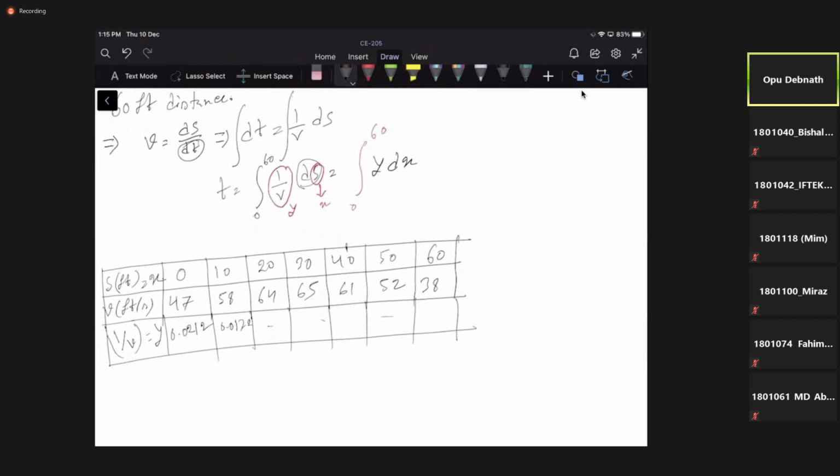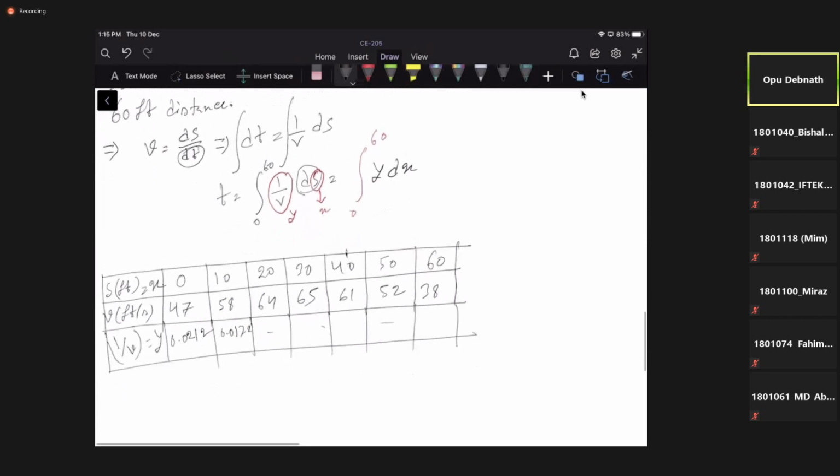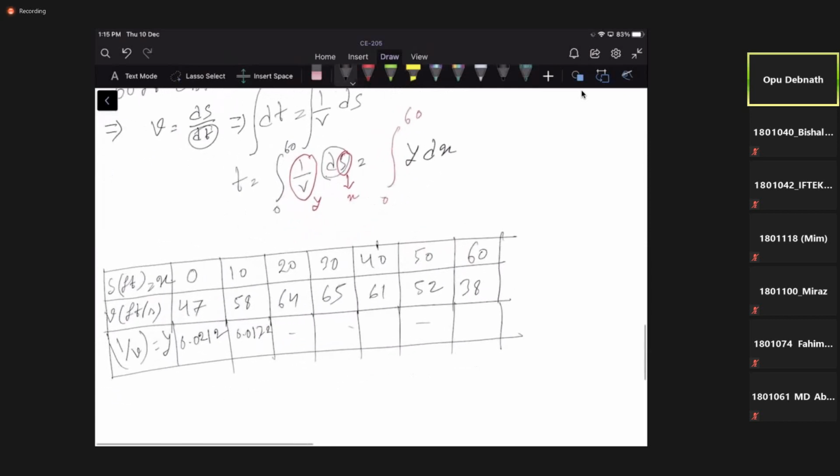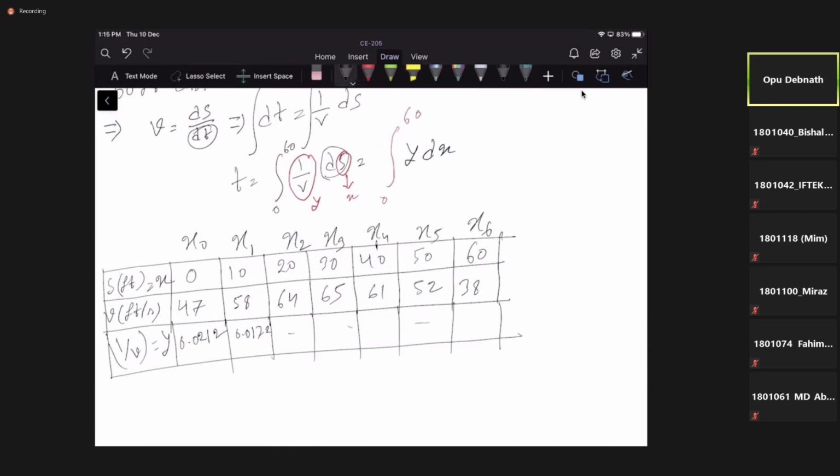Okay, so if you go for our conventional xy coordinate system, these are actually, in integration, x0, x1, x2, x3, and x6, and corresponding y values. So this is your y0, y1, y2, y3, and y6.